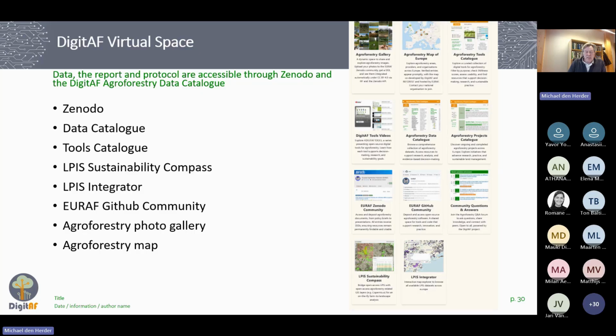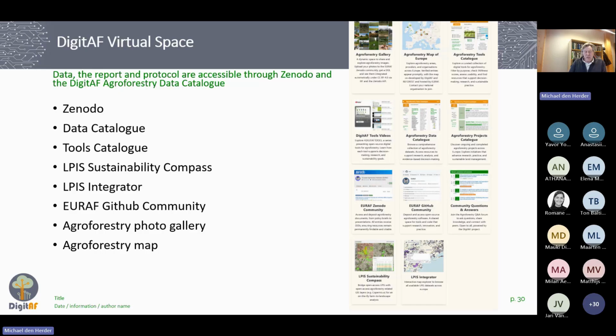All these DigitAF tools you can find on the DigitAF virtual space. Zenodo is for reports and for data. In the data catalog, you can find all kinds of useful data related to agroforestry. What I just presented will be uploaded there.